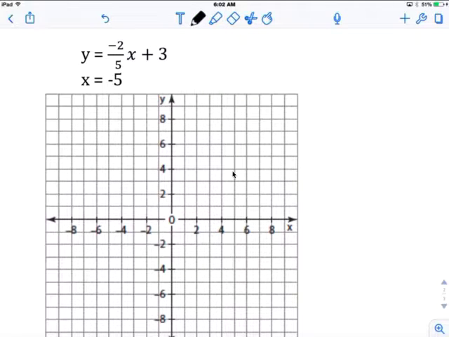This one here, 3. That's the y-intercept. Down 2, right 5, right? Down 2, right 5.